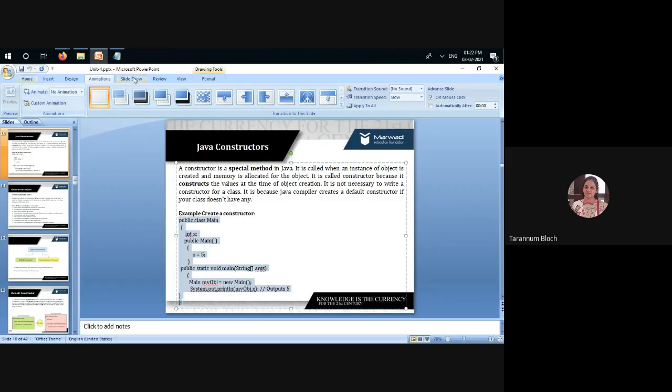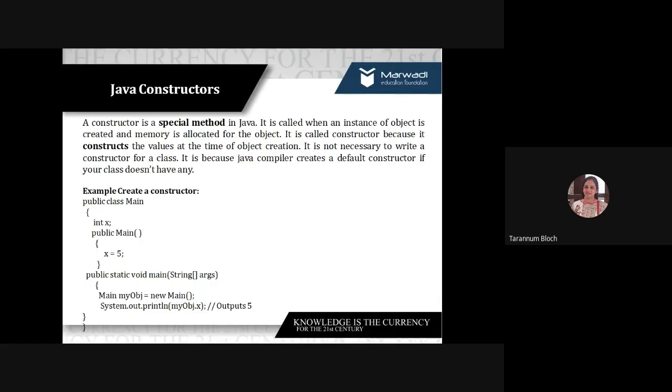Constructor is a special method and it will be called when the instance of an object is created and memory is allocated for that object. So whenever we are writing main object is equal to new main, at that time constructor will be invoked. And it is called constructor because it constructs the value at the time of object creation. It assigns the value, it allocates the memory, so it constructs something in the memory. That's why we call it a constructor.